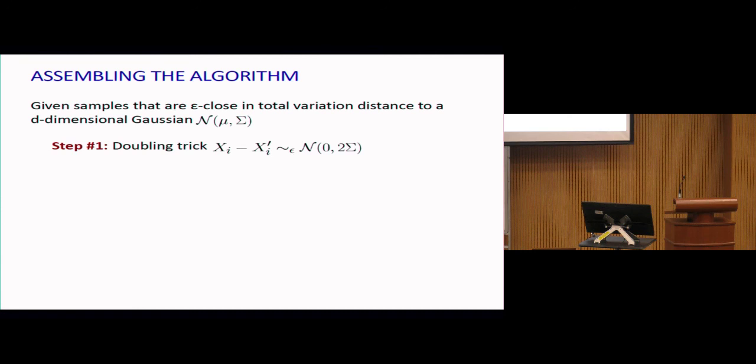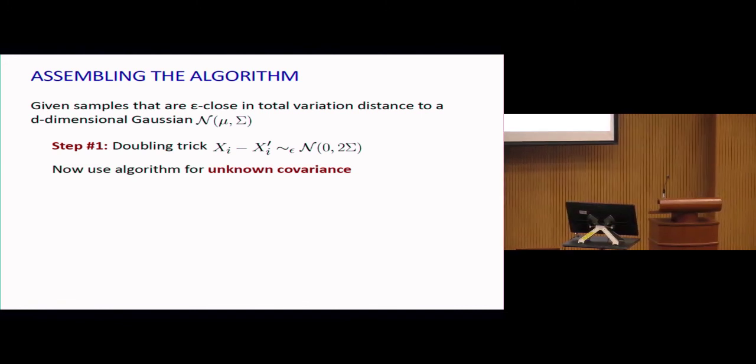First, you can use the doubling trick. Instead of taking n samples, you take 2n. You pair up the samples and take xi minus xi prime. If each one of those is a noisy sample from N(mu, I), then together xi minus xi prime is a noisy sample of N(0, 2 sigma). Maybe I've doubled the rate of noise, not a problem.